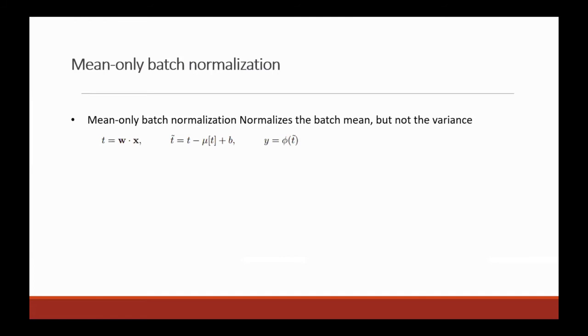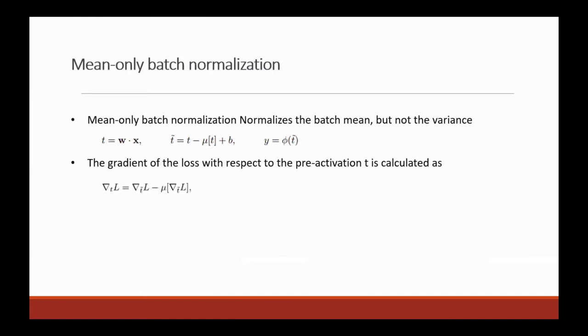So this is a cheaper operation, and the computational overhead is lower than for batch normalization. And in addition, this method causes less noise during training. And we can actually calculate the loss function with this formula for batch normalization.